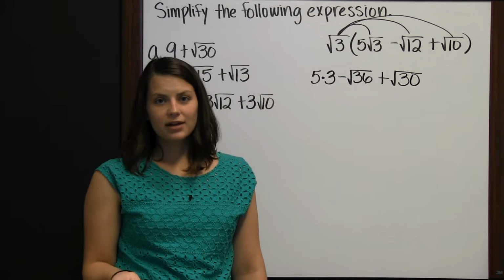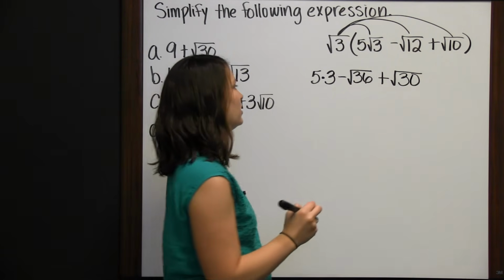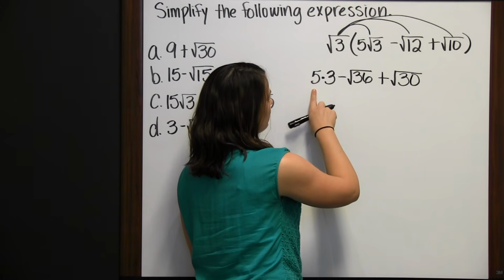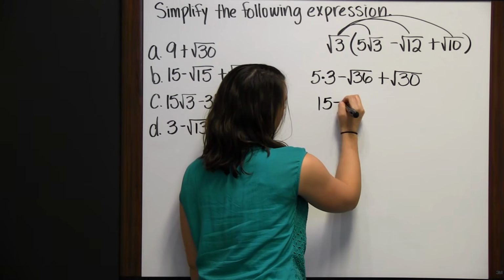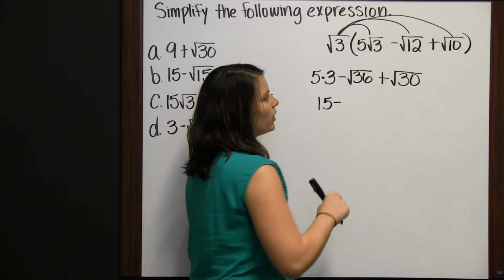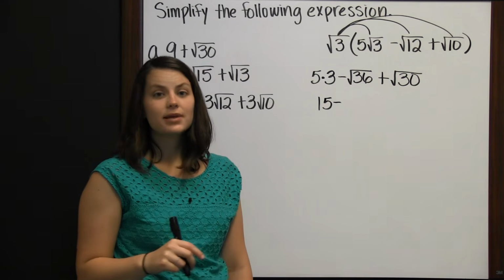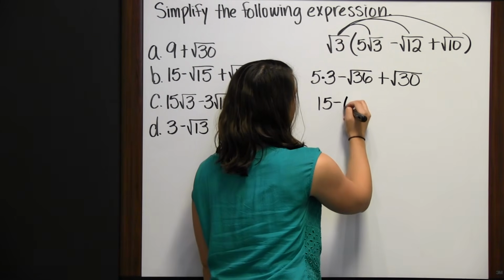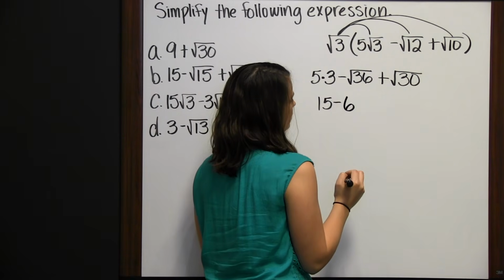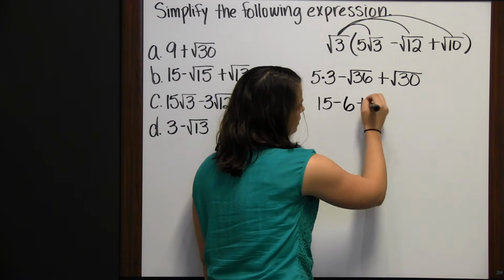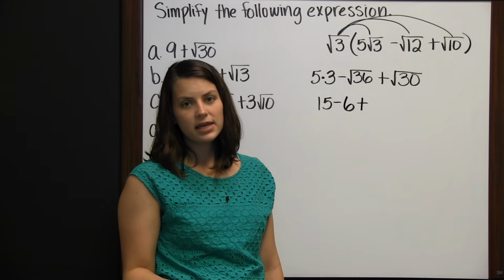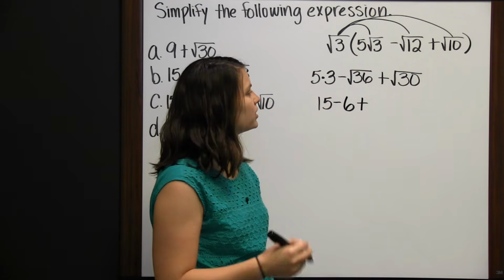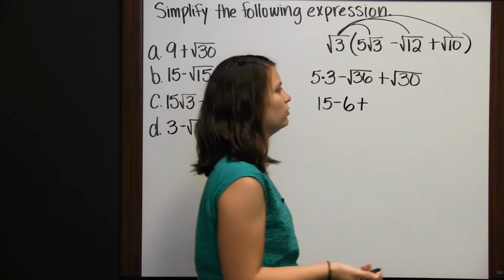But we're not finished yet because we have some simplifying that we can do. 5 times 3 is 15 minus the square root of 36 is 6, because 6 times 6 is 36. Plus, now 30. You want to break down that number and see if there is any part of it that we can take the square root of.